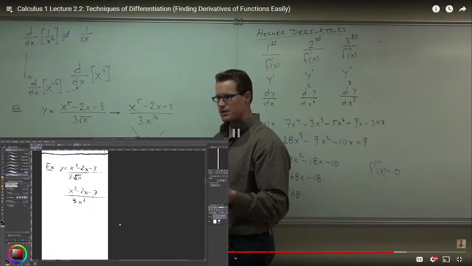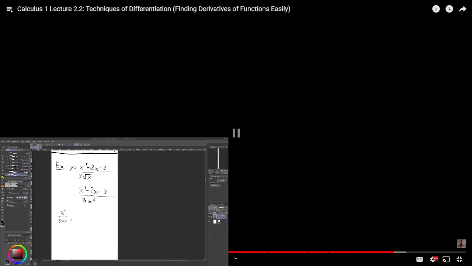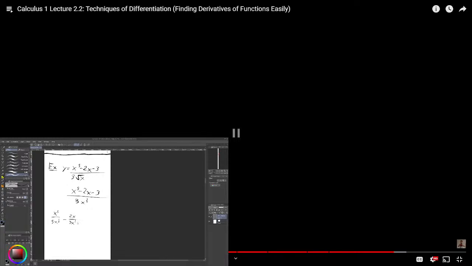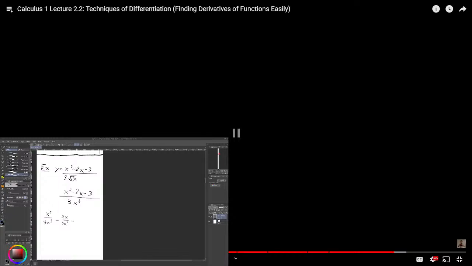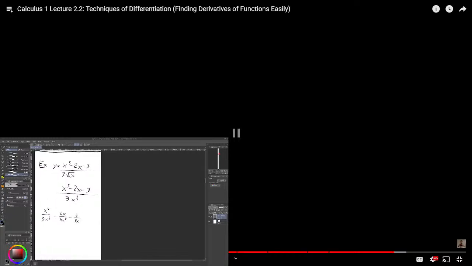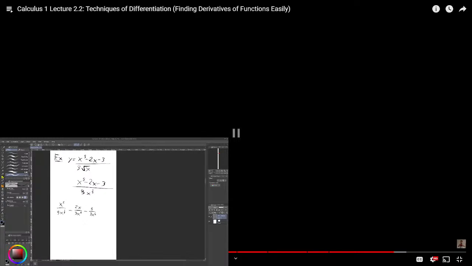Let's see what happens. Minus 2x over 3x to the power of half. Minus 3 over 3x. Okay. Well, if this, you can cancel out a 3.